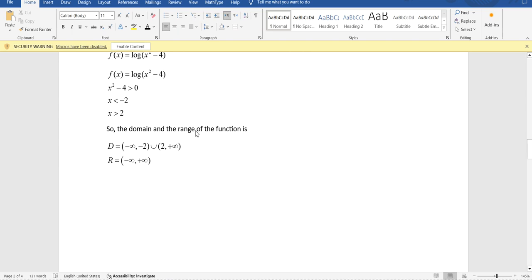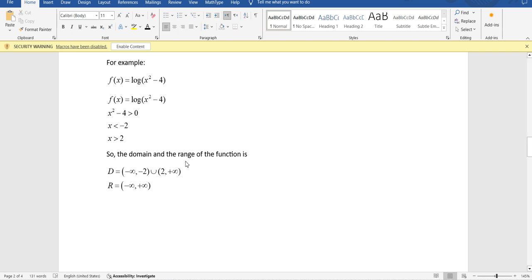So the domain of this function is minus infinity to minus 2, it's impossible to equal minus 2 because minus 2 squared, 4, minus 4 is 0, and there is no logarithm for 0, union 2 to infinity. And the range is minus infinity to infinity, as I discussed above.